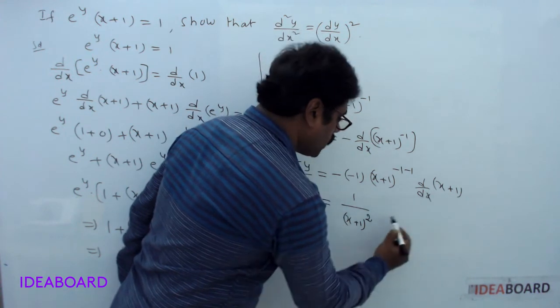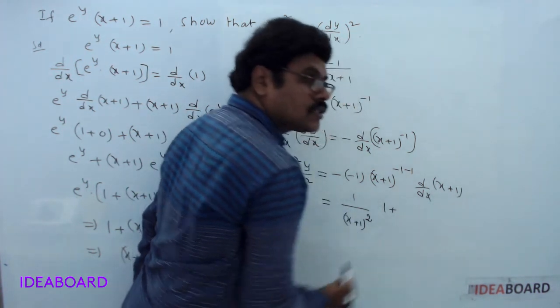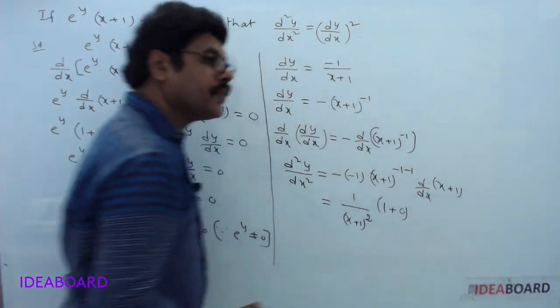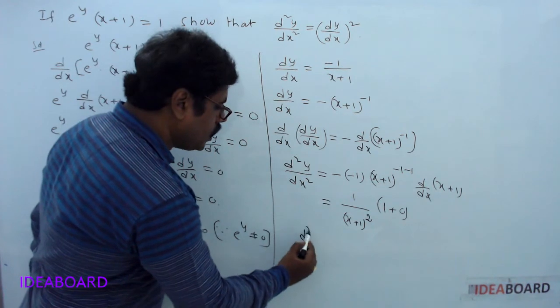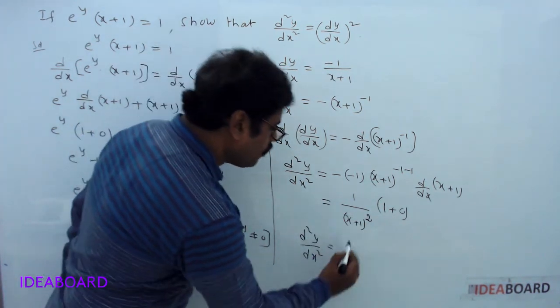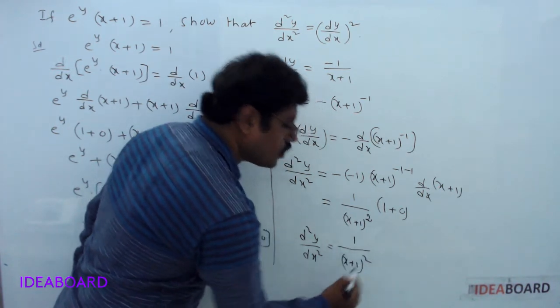Derivative of x with respect to x is 1, plus 1 is the constant term, derivative of constant term is 0. So therefore d square y by dx square equals 1 upon (x plus 1) whole square.